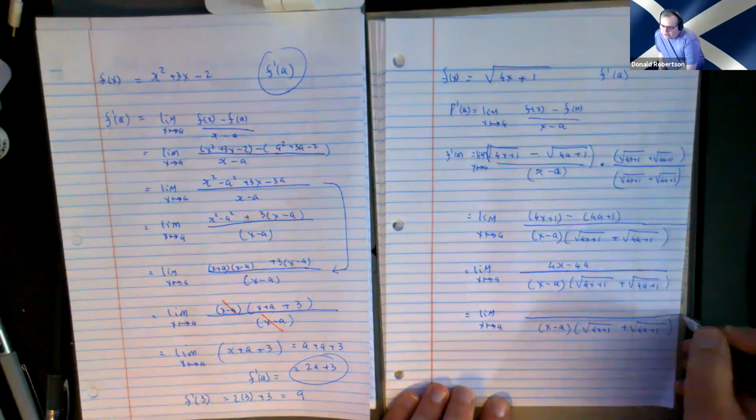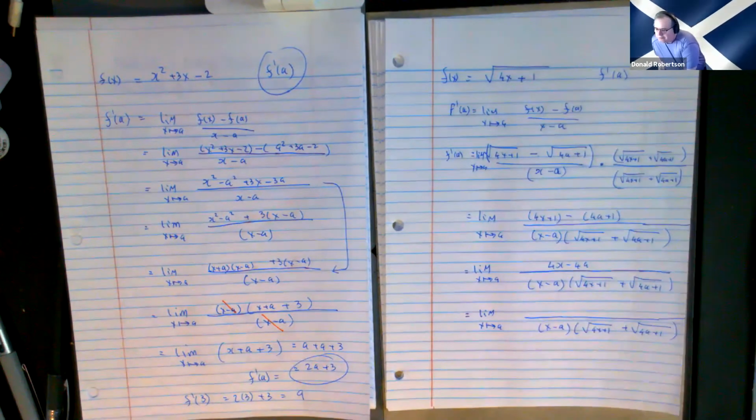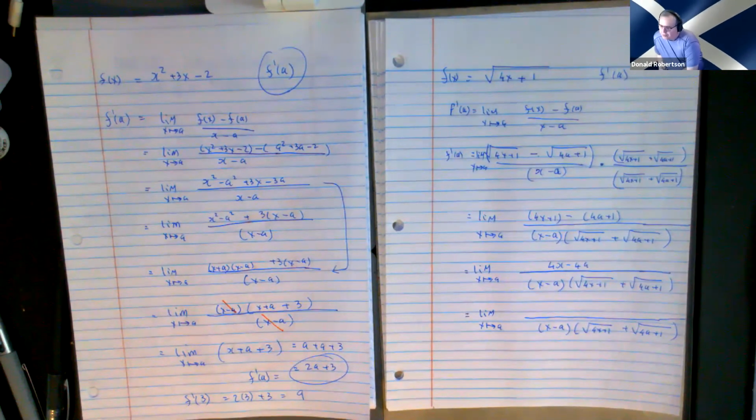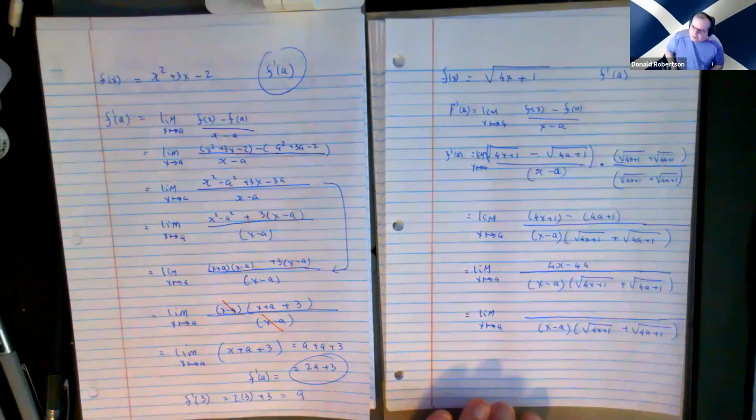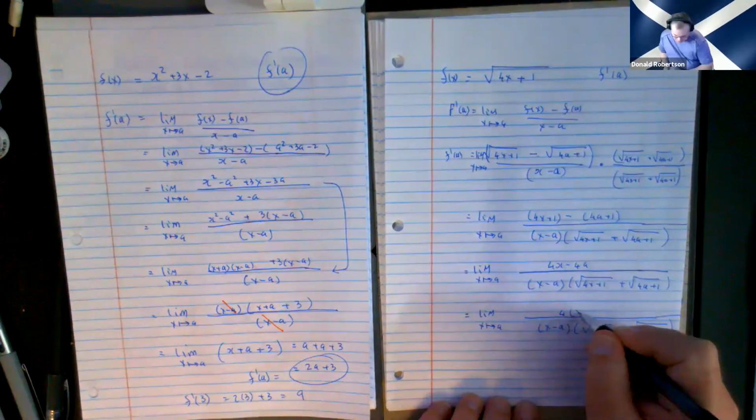Would you agree that 4x minus 4a isn't really usable, at least the way it's written? So what kind of factoring can you do? It's not a great factor, but it's a factor. You can pull out a 4. Agreed? Common factor of 4.